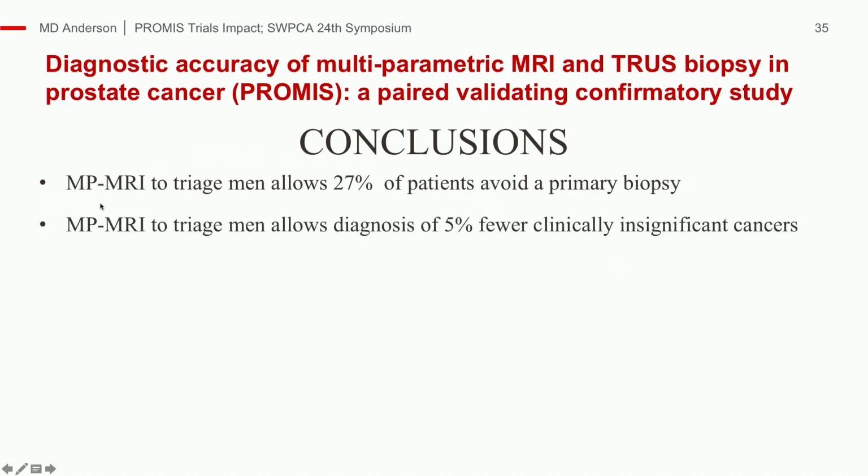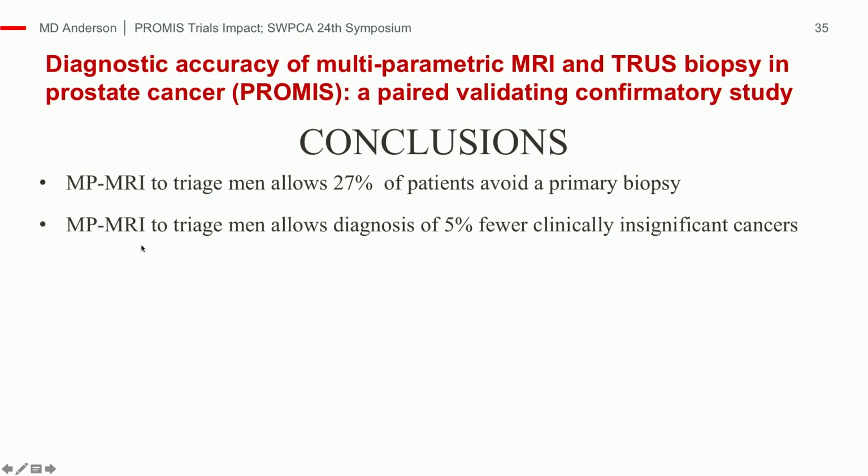So the conclusion was that multiparametric MRI to triage men allowed 27% of patients to avoid a primary prostate biopsy. In other words, a negative MRI of the prostate was an accurate predictor that they would not find any prostate cancer on the template mapping biopsy in 27% of the men.